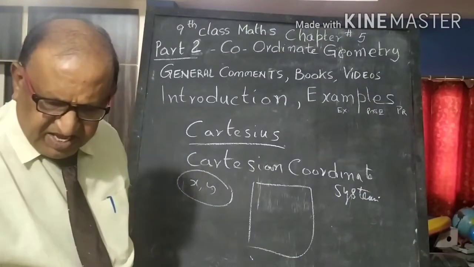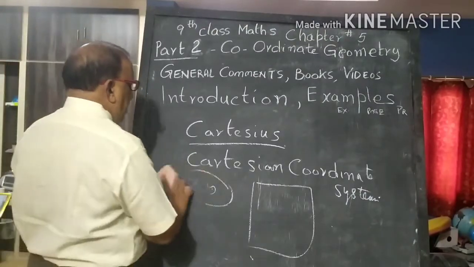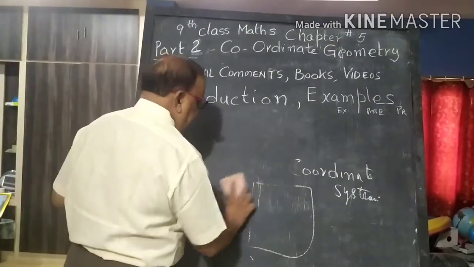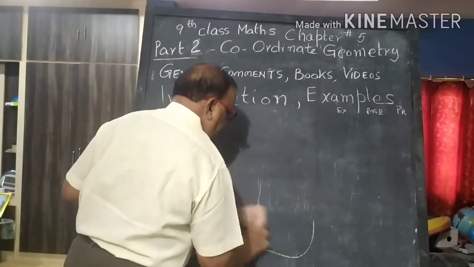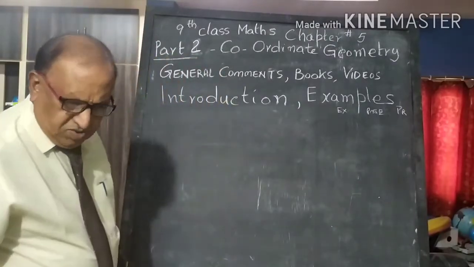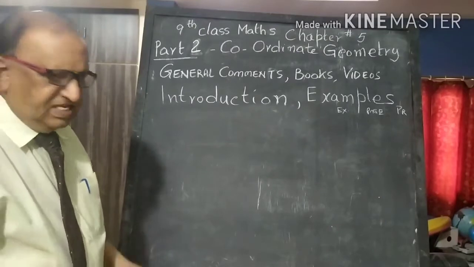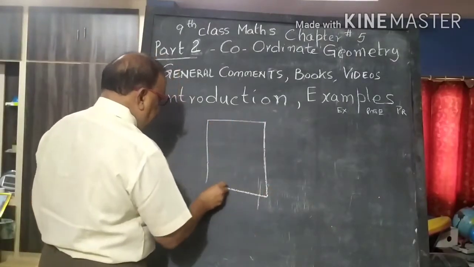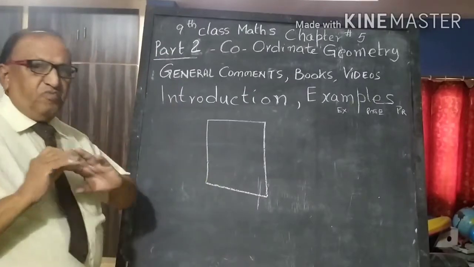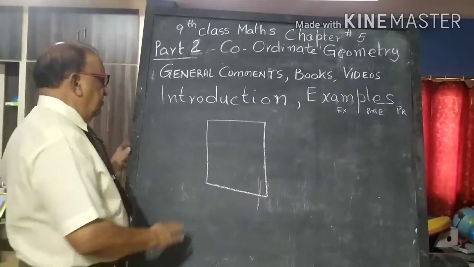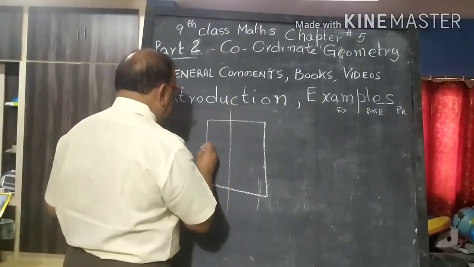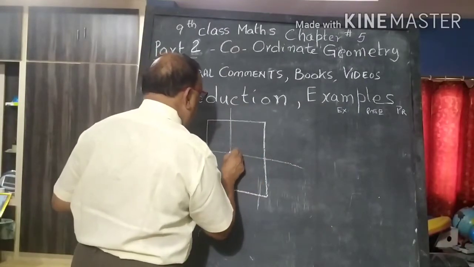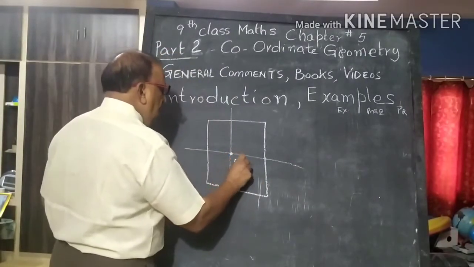Now, in the previous class, I mentioned the x coordinate, the y coordinate, and how a point is represented. If you take a graph paper and divide that into 4 parts, this point is called the origin.